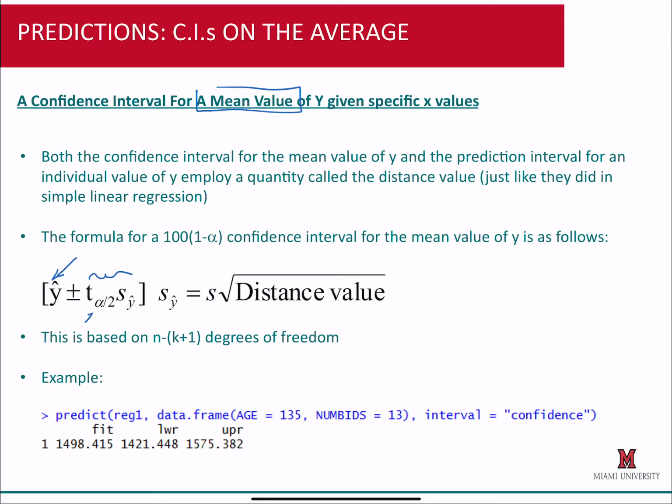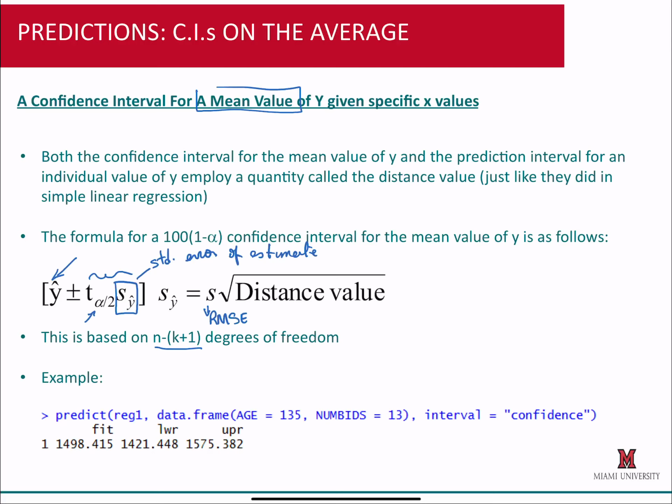The margin of error is based on the t statistic with n minus k plus 1 degrees of freedom, multiplied by the standard error of the estimate. The standard error of the estimate is basically just our S, our RMSE, multiplied by the square root of the distance value.